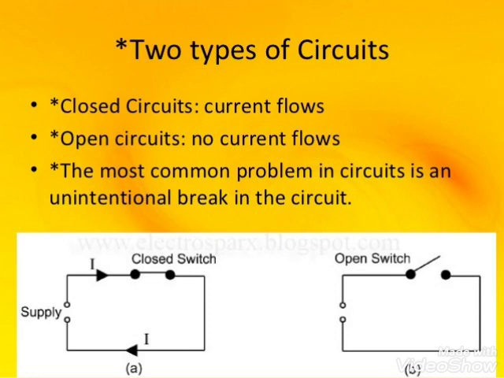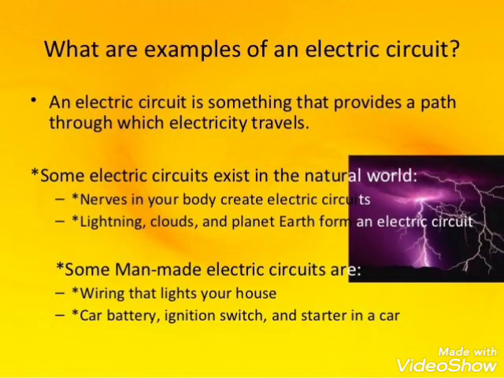When it is opened at any part, then it will be open and current will stop flowing and the appliance will not work. So in a complete circuit, in a closed circuit, electric current will flow, while in an open circuit, electric current will not flow.